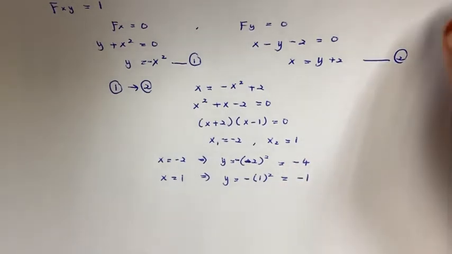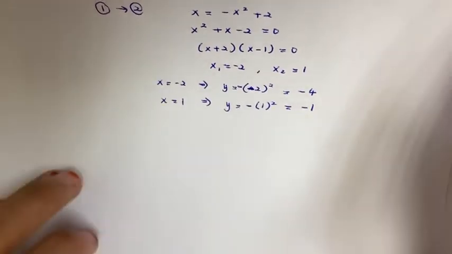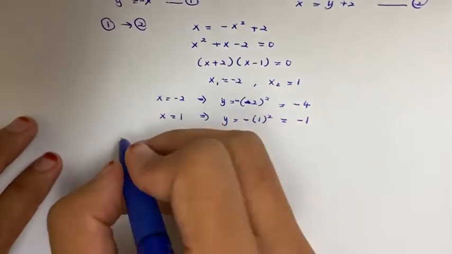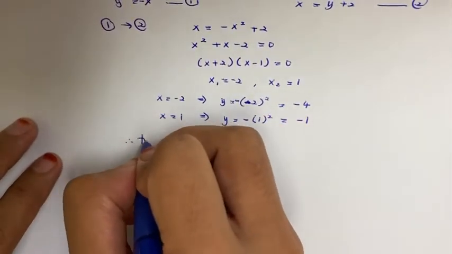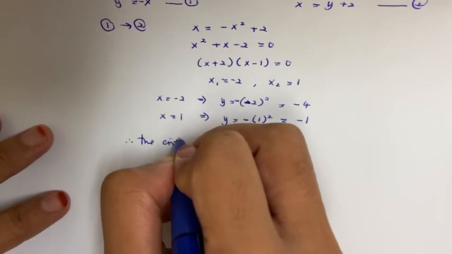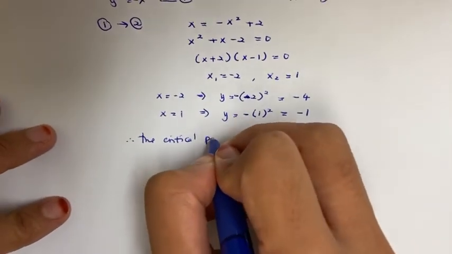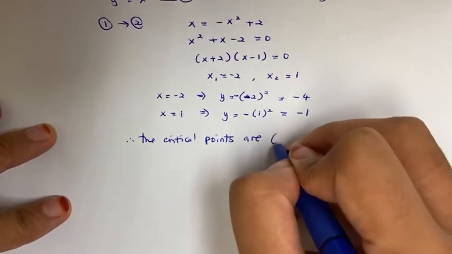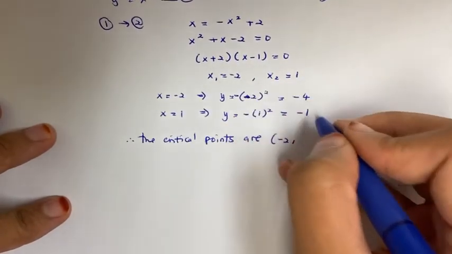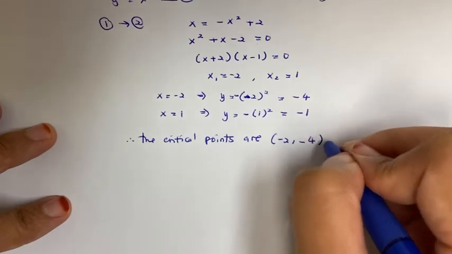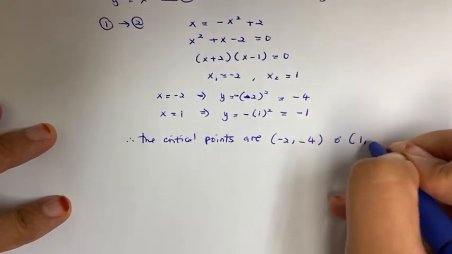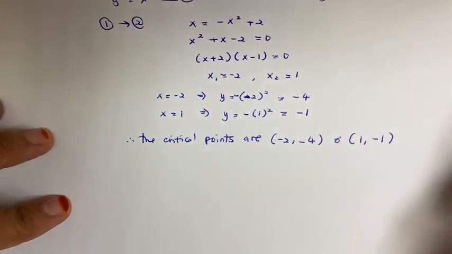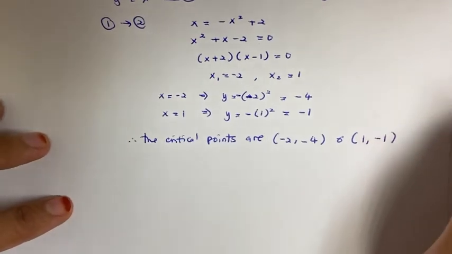So the critical points are (negative 2, negative 4) and (1, negative 1). So we are done with the first step.